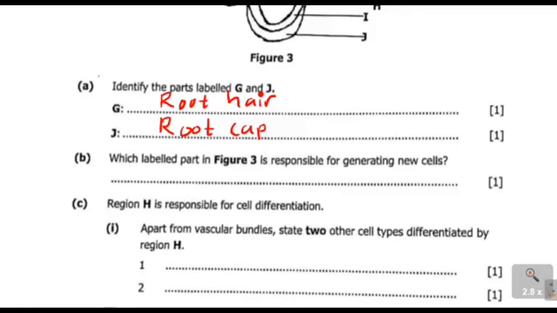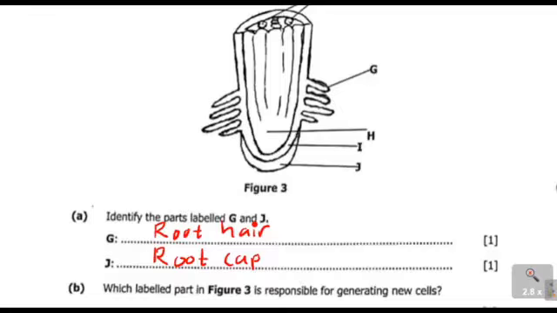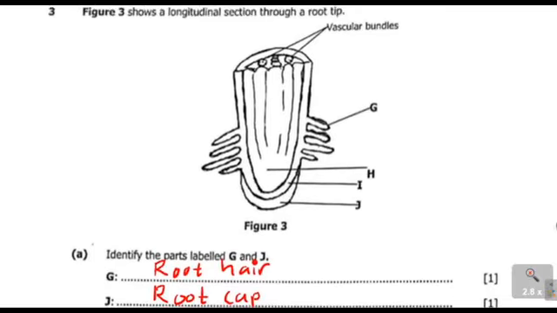Alright, so we come to question B right here. Question B reads, which of the labeled parts in figure 3 is responsible for generating new cells? So let us take a look at the diagram. Is it the part labeled J, I, H, or G?